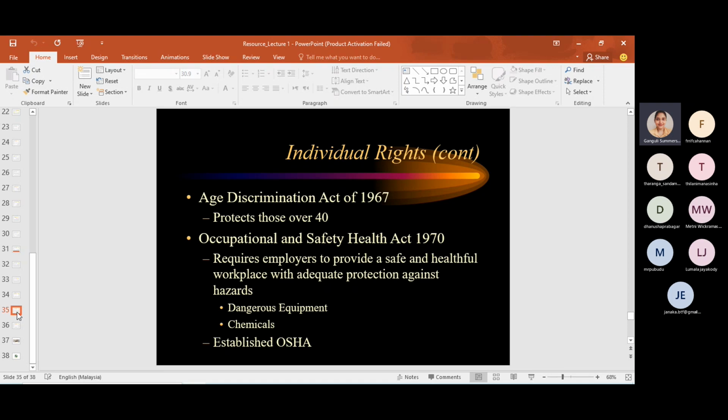This act talks about how to provide a safe and healthy workplace for your workers. That is the main teaching of this Act.